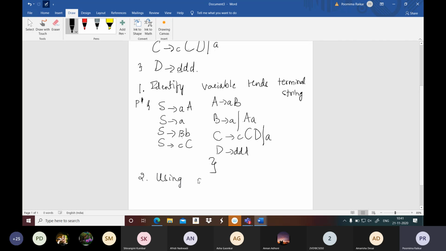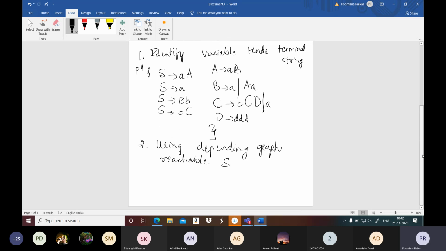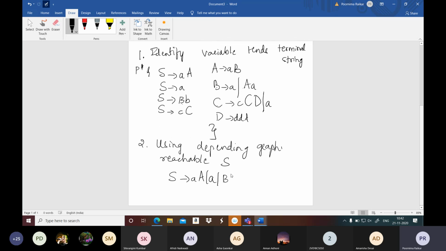Using a dependency graph, I have to see which variables are reachable from the start symbol. So I'll put all the rules in one place just to see. Next A has AB, B has A, D has C, and D has DD.